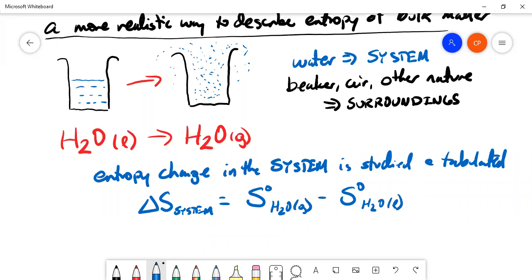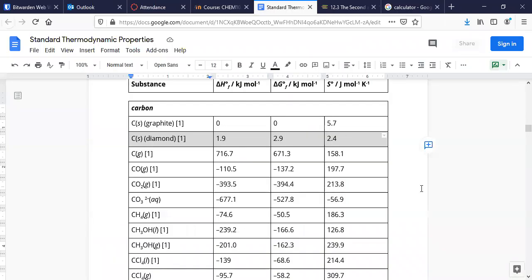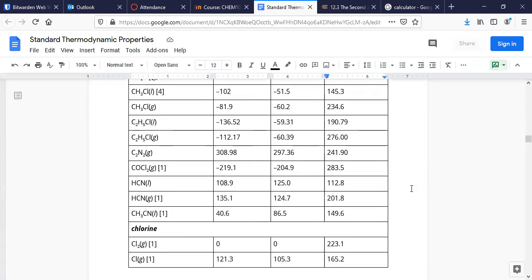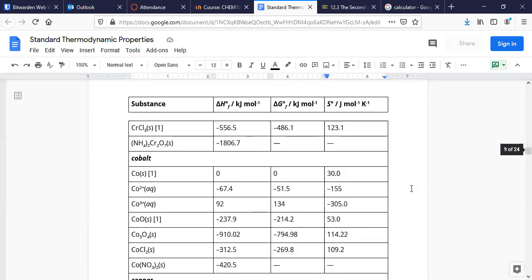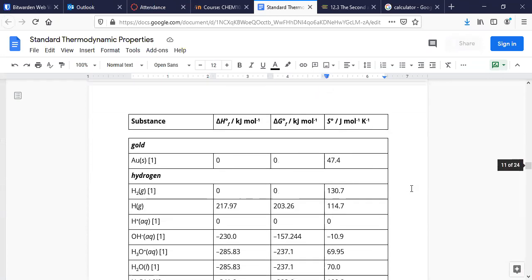Those are quantities I can look up, right? Let me go to my tabulation. Okay, I need to go down to hydrogen and I need to look up water. Are y'all noticing how often I go to this table?